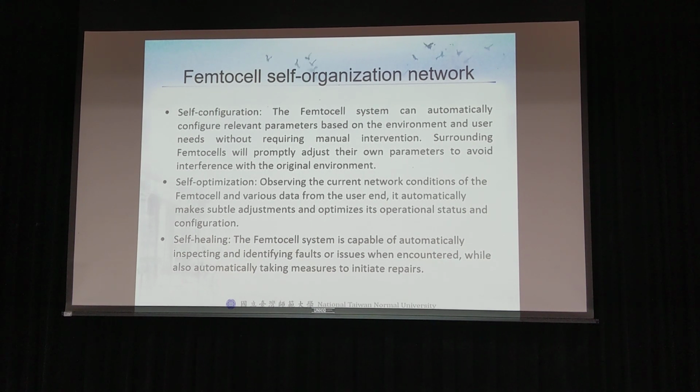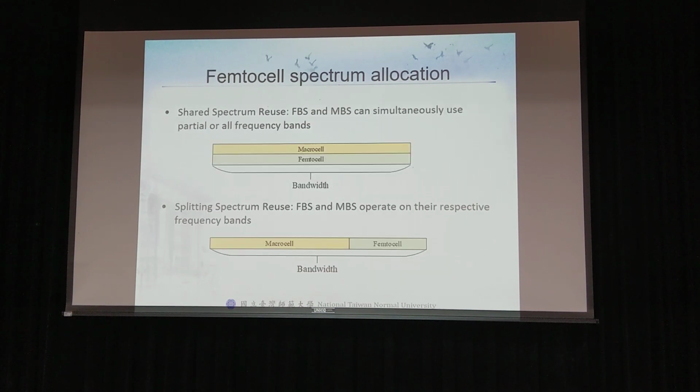Optimization is observing the current network condition of the femtocell and the various data from the users. And self-healing is the femtocell system being capable of automatically inspecting and identifying faults or issues when it encounters them.